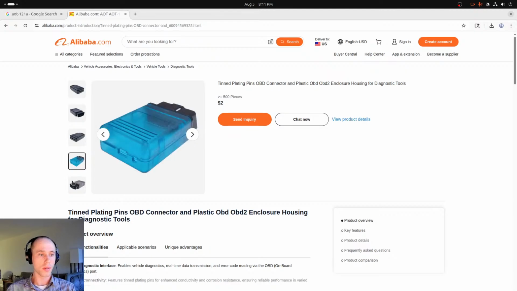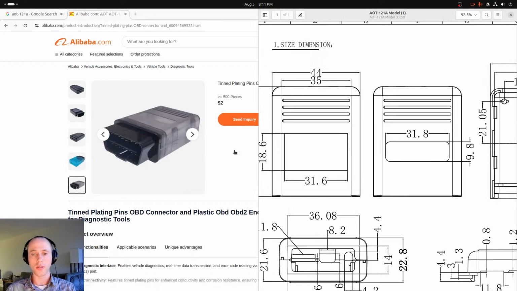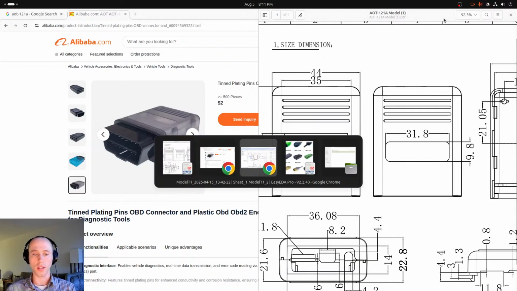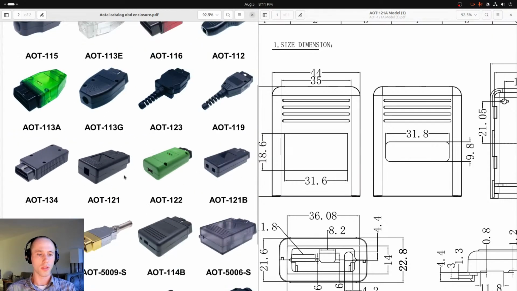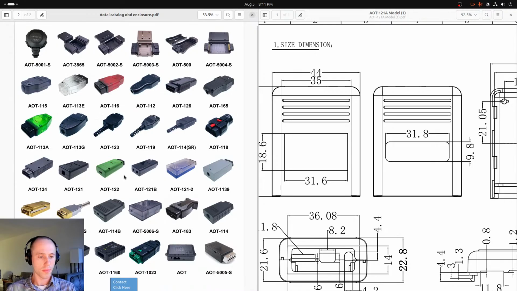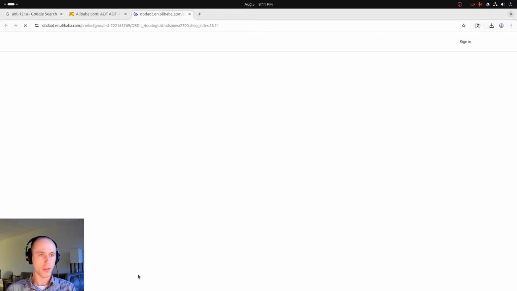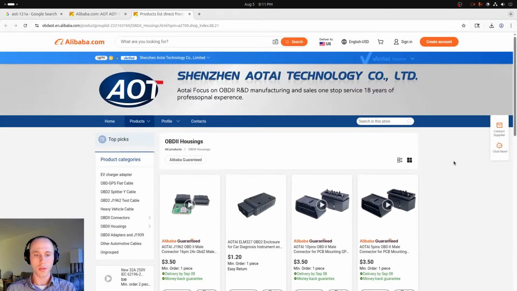Could, but the drawings here that I see don't indicate that. This one it does. Also, this is not the right drawing. Oh, here we go.